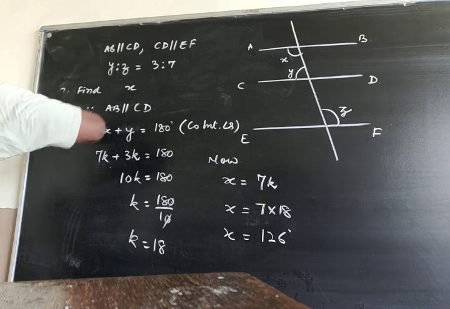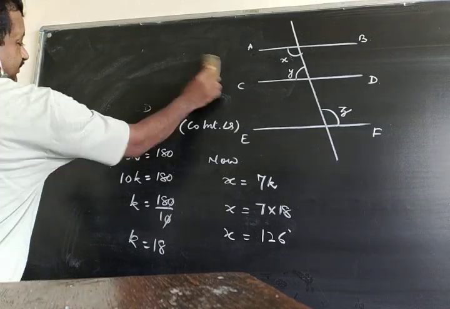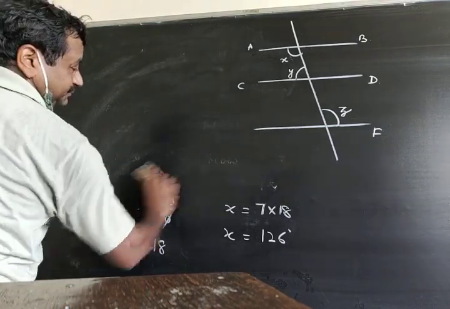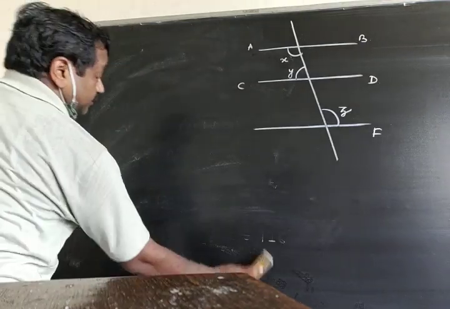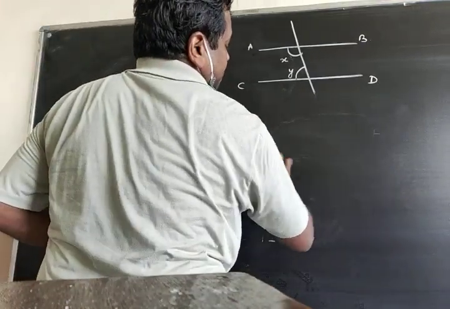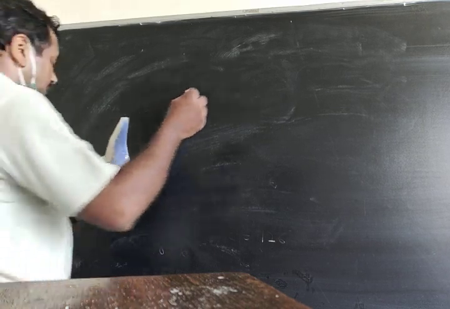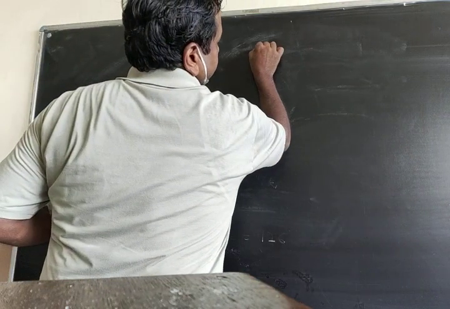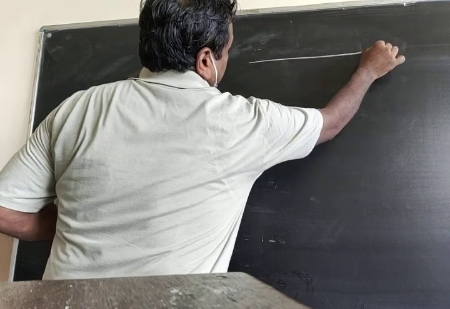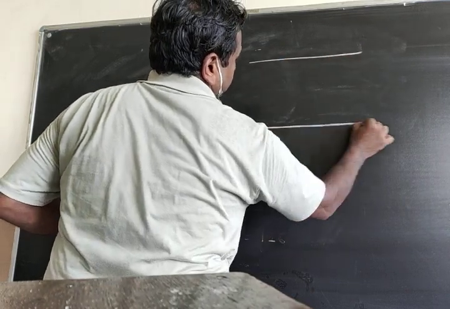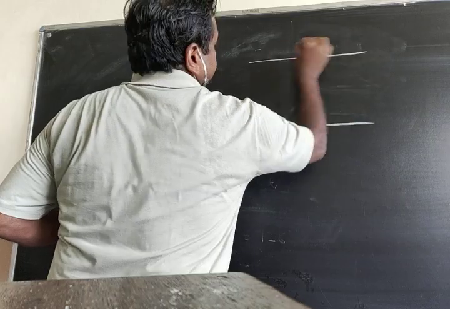So the question number 3. First of all, draw the picture. Picture must be drawn, whether it is written in the question or not. In geometry, picture must be drawn. So AB is parallel to CD, it is given.